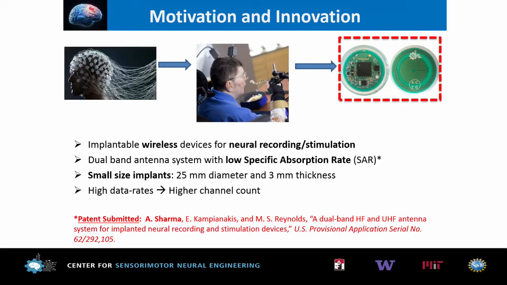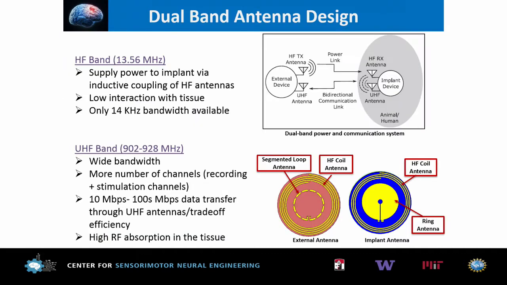So here I am presenting a dual band antenna system, which has 2 antennas in the implant board, and we have recently filed a patent on this architecture. As shown in the block diagram, I have 2 devices: the external device, which is going to be in close proximity to human tissue, and the implant device approximately 1 centimeter below the skin surface.